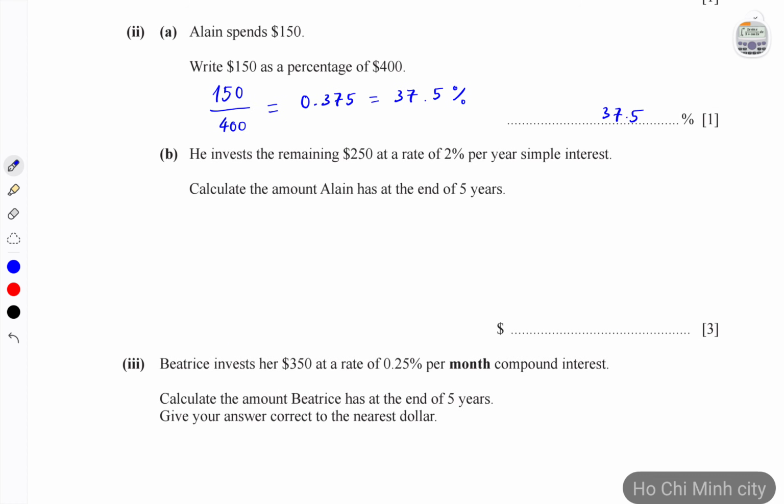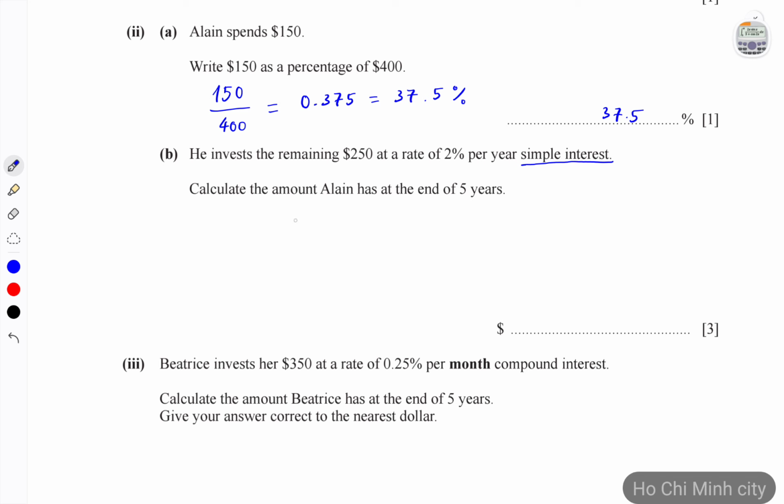Next, we have part B. He invests the remaining $250 at the rate of 2% per year simple interest. So remember, this one is simple interest, so that one is very simple. Calculate the amount Elaine has at the end of 5 years. So we have the formula for working out the total amount of money that Elaine received at the end of 5 years. First of all, let's write the formula.